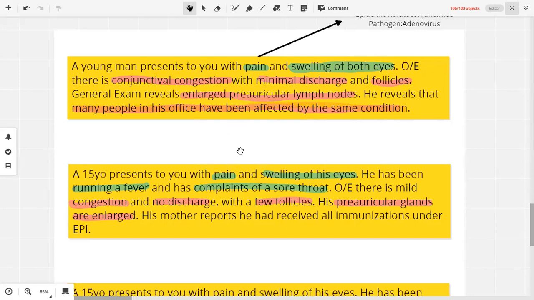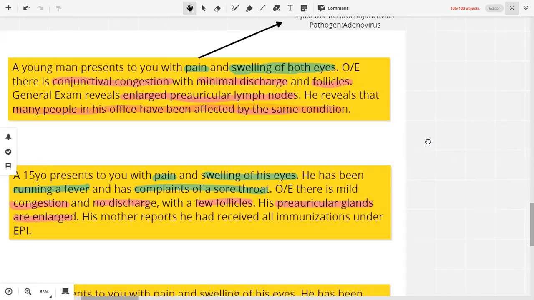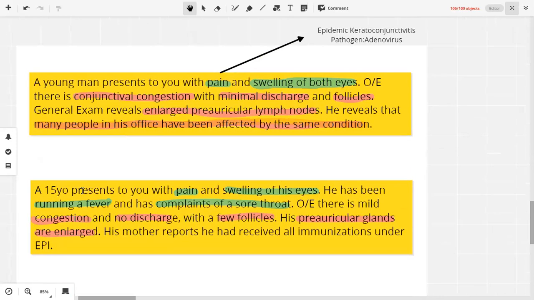The important thing which is different between the first and the second case is that the second case has a complaint of sore throat. His mother also reports that he had received all immunizations under EPI. So on the basis of these signs, what will be our diagnosis?